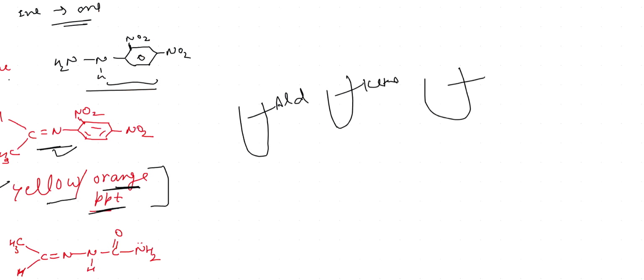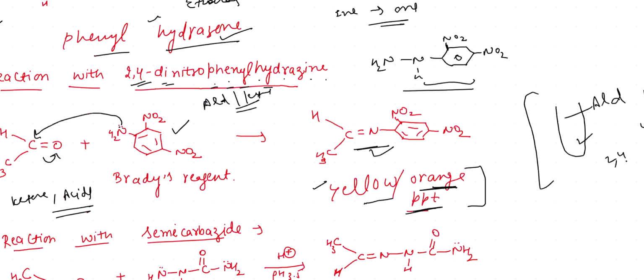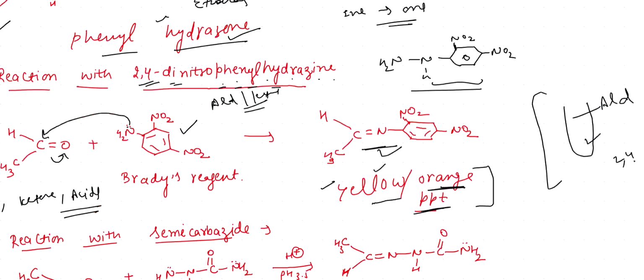So aldehyde and ketone both will react with this reagent 2,4-DNP, but the acids do not react. So this reagent is used for identification. It is concluded from this reaction, because there will be formation of some kind of precipitate that may be yellow or orange in color.